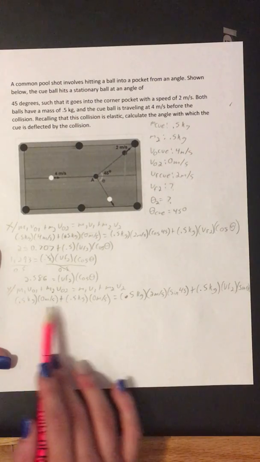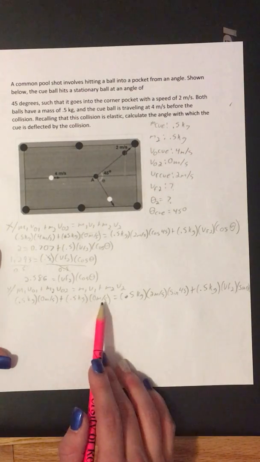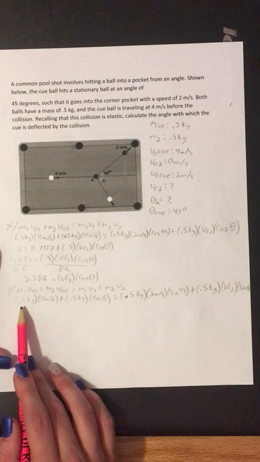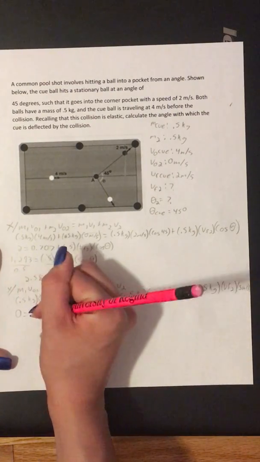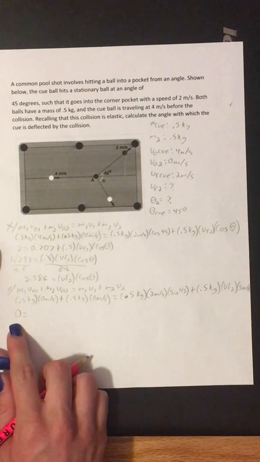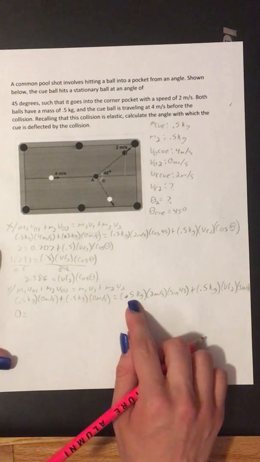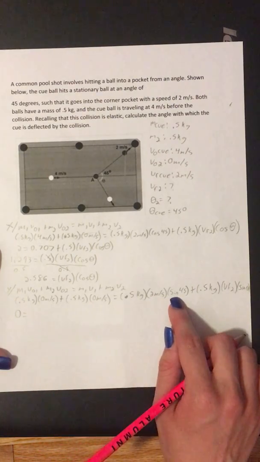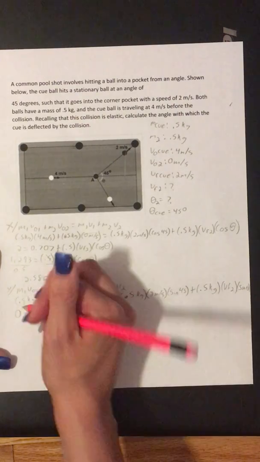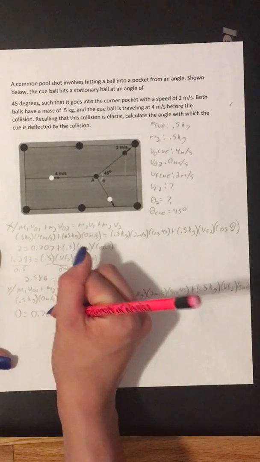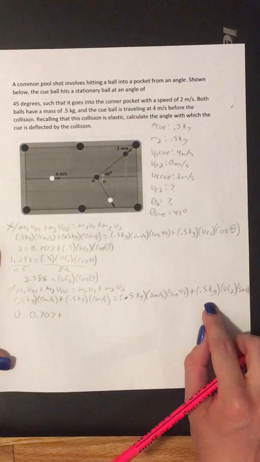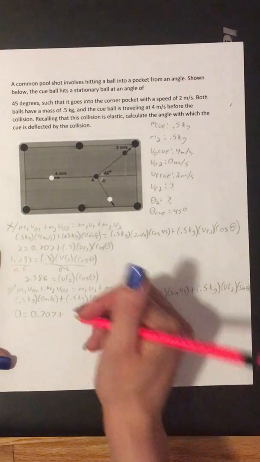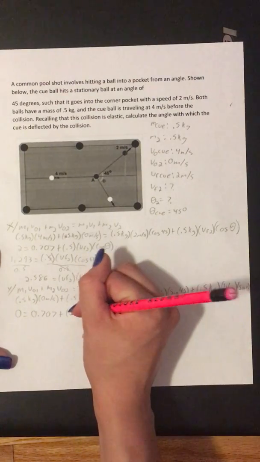So now this side is completely 0 because 0.5 times 0 is 0, and again 0.5 times 0 is 0. So the first half is just 0, and then 0.5 times 2 times sin of 45 is equal to 0.707. And plus, and then again we can't do anything yet with this one, so we will have to leave it just as it is.